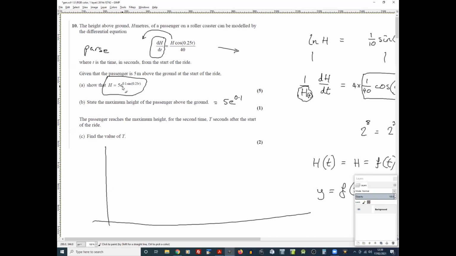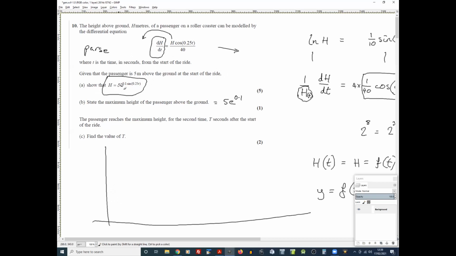the roller coaster starts at what height? 5 meters. At 5, yes. Wow, 5 meters, that's quite high up. Given that the passenger is 5 meters above the ground at the start of the ride, but they do actually confirm that there, don't they? Yes, we were concluding that from there.